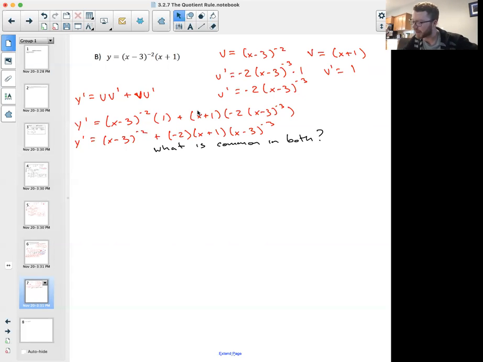And remember, we're factoring out the lowest exponent. So what is common in both? Well, the x minus 3 is common in both. And what is our lowest exponent? -3 is smaller than -2. So we will factor out the -3.